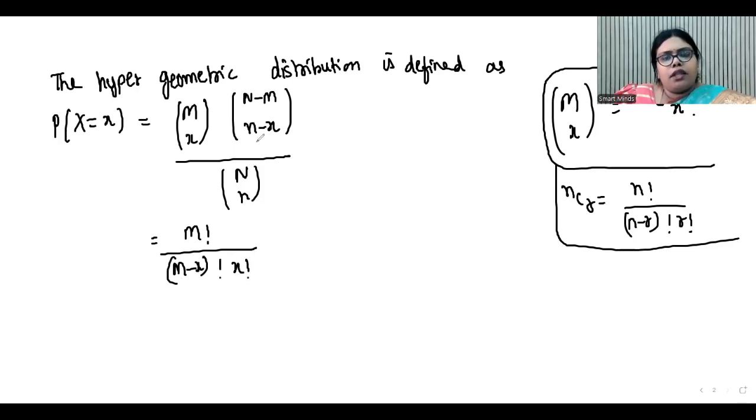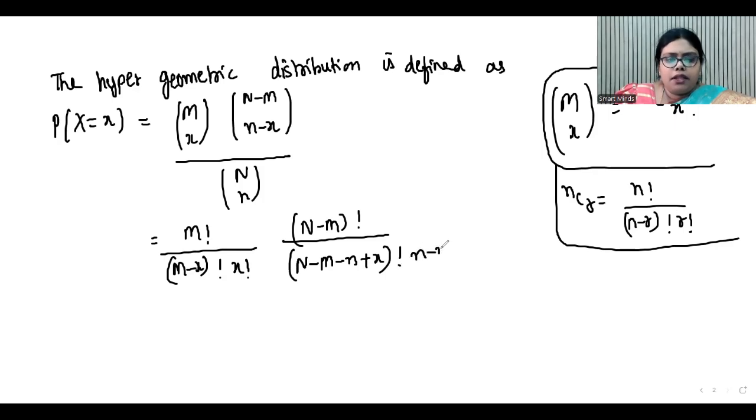And how can I write the second part? (N minus M) factorial by (N minus M minus n plus x) factorial, I am subtracting both of them, into (n minus x) factorial. Okay. So that is equal to M factorial.